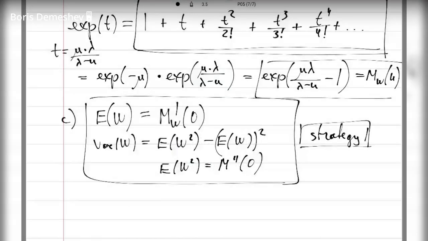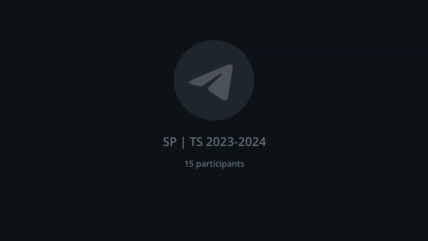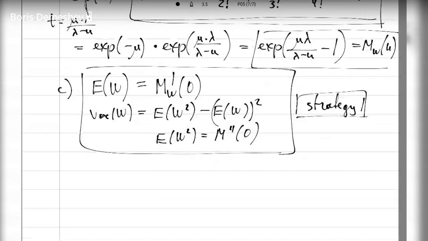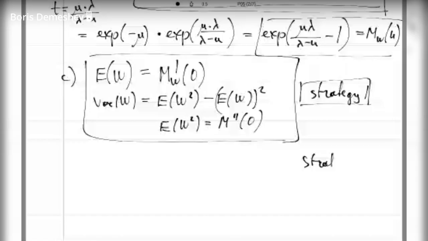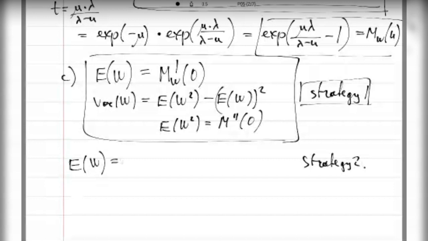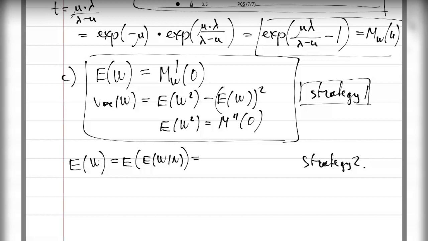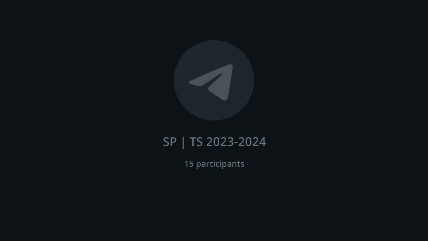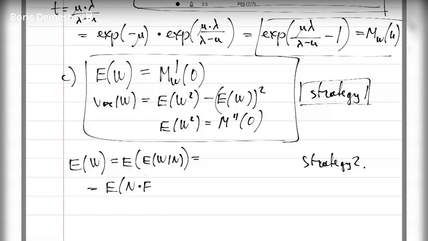And there is strategy 2. We have already discussed strategy 2. In strategy 2, we can say that the expected value of W is the expected value of the conditional expected value of W given N. So it's the expected value of N times the expected value of X1.